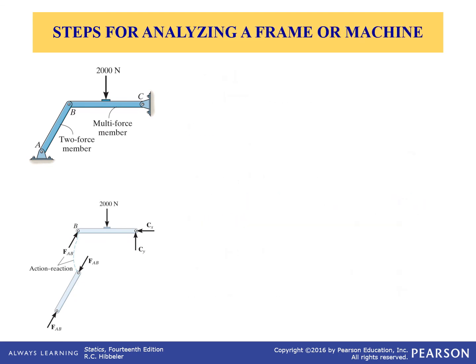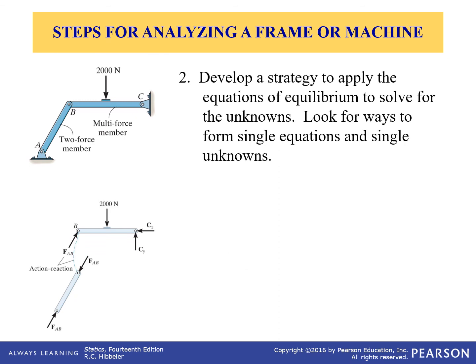So, the next step, and this gets a little bit tricky, is you have to figure out where you can apply the equations to solve for the unknowns. What you want to try to do is look for a way to form an equation with one unknown. So what I would probably do in this particular case, again, we can't solve it because we don't have any measurements.